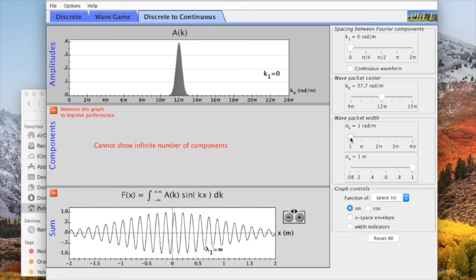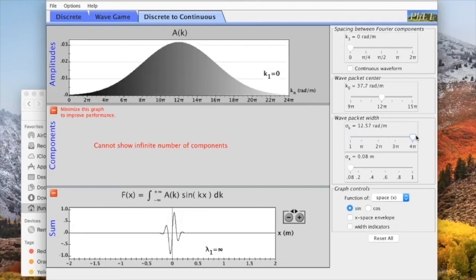Similarly, if I increase the spread in the wavelengths, or wave numbers, I add up, notice that a wider range of wave numbers gives me a narrower wave packet.